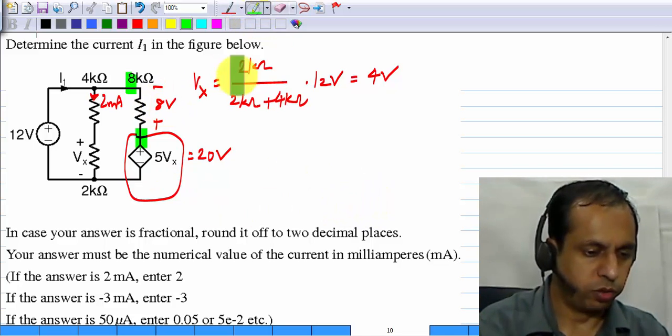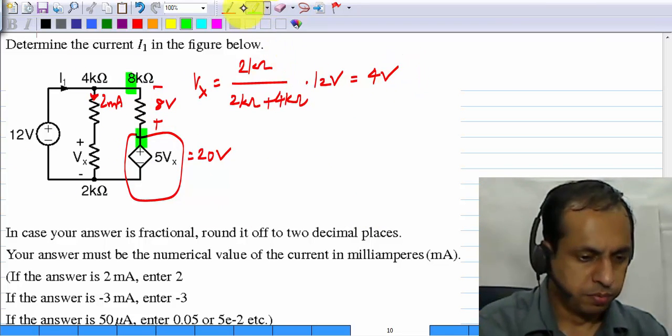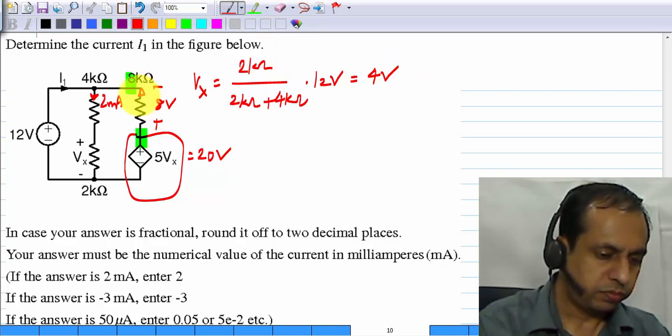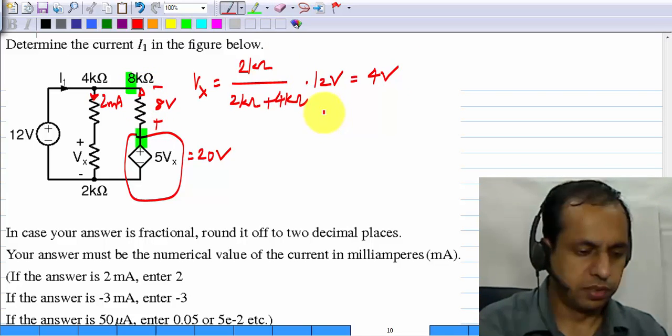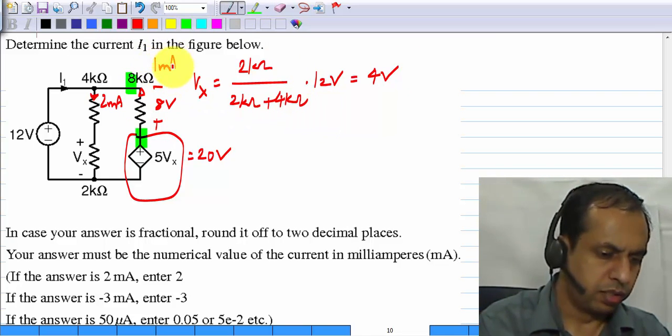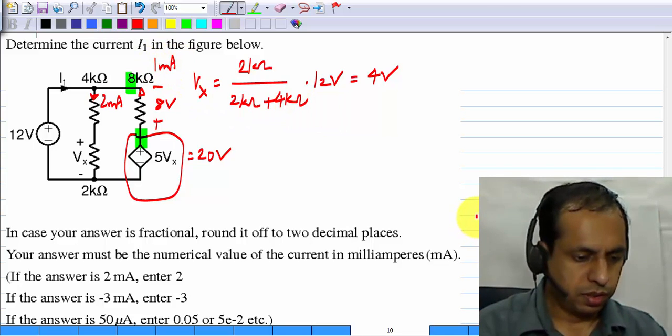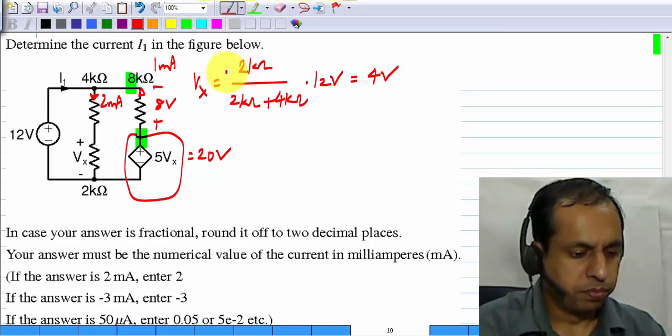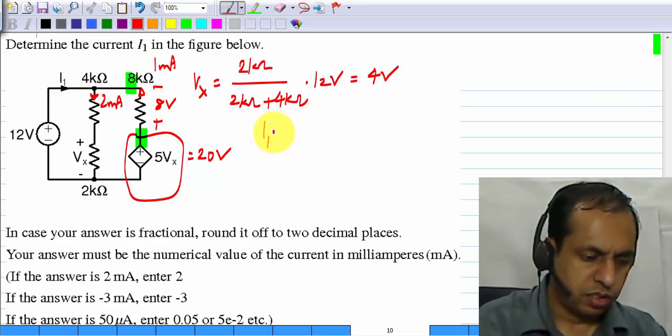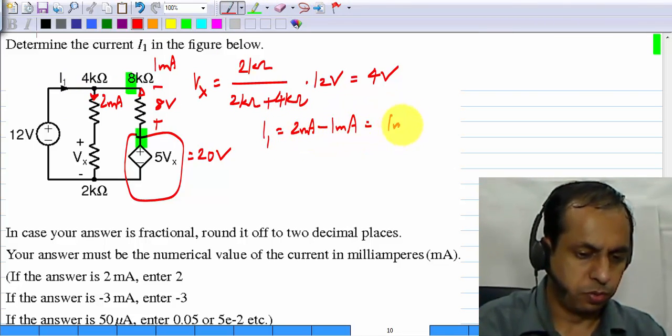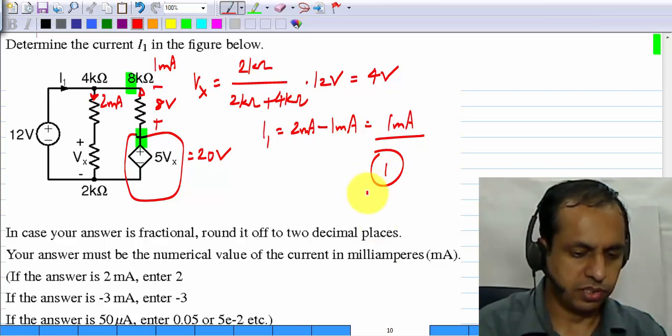You can apply Kirchhoff's voltage law around this loop and find that the current going that way is 1 milliampere, 8 volts by 8 kilo ohms. So I1 equals 2 milliamps minus 1 milliamp equals 1 milliamp, or the answer is 1.